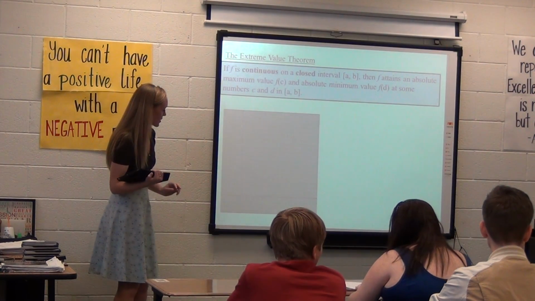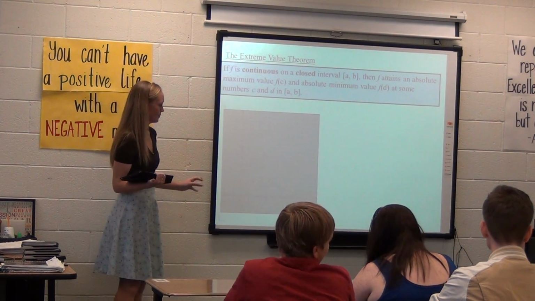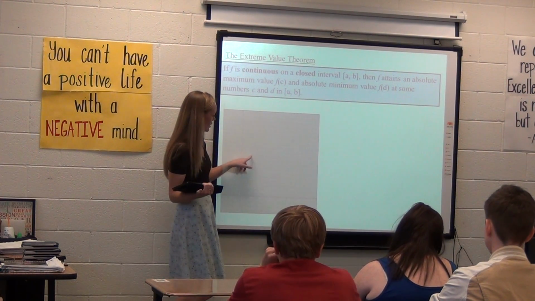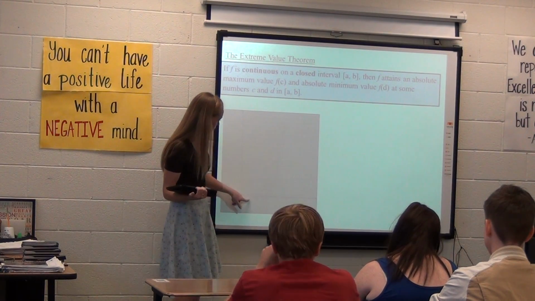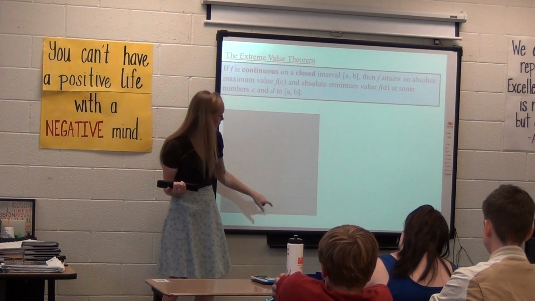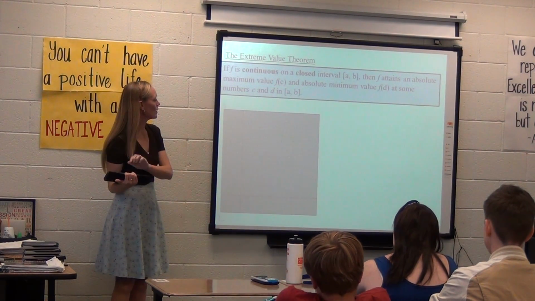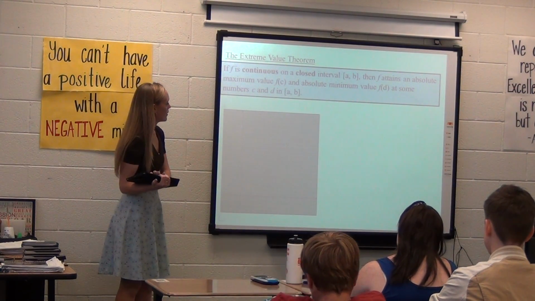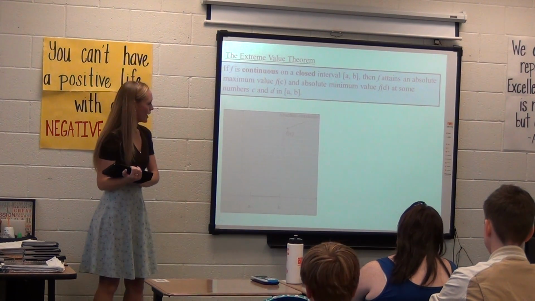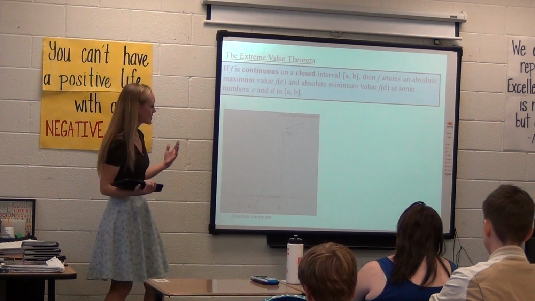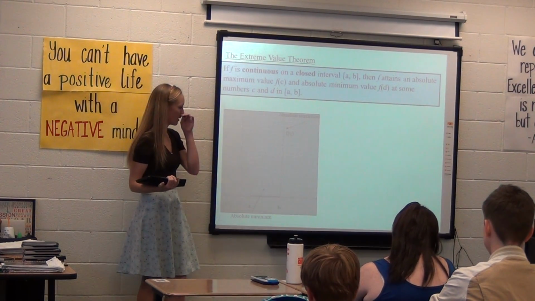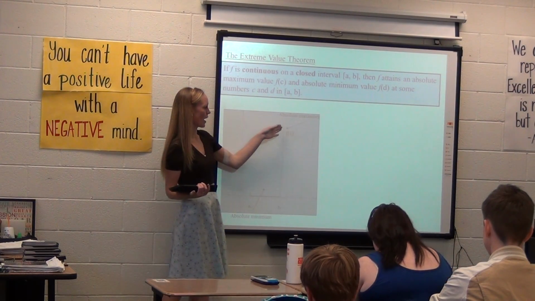Here. Wow, that's a really faint purple line. Okay, so we have here a graph, part of a graph. We're looking just at the interval from 1 to 4.25. Because this is a closed interval, our endpoints are included, so we have an absolute maximum at the highest point in that interval.